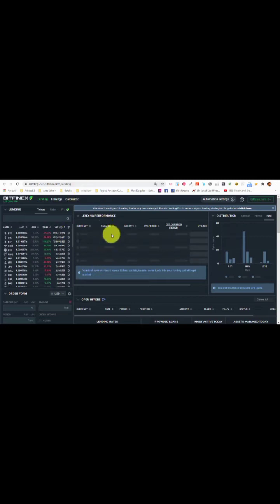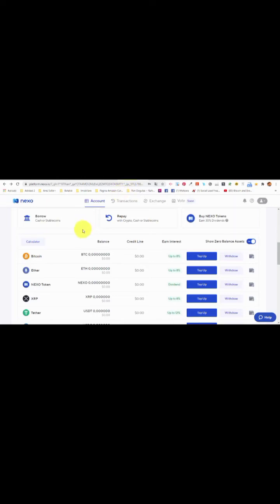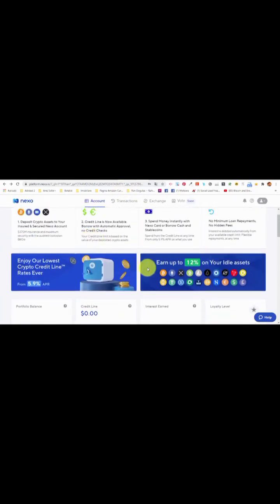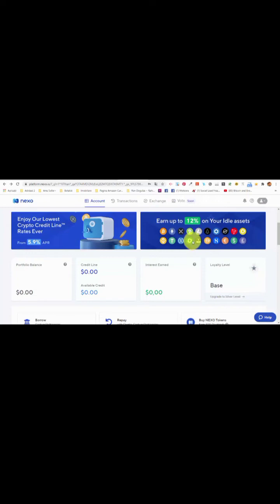Now another platform where you can lend is Nexo, which is a custodian platform regulated by more institutions. So it's backed or insured by a bigger institution. And what you can see here, we have earn up to 12% on your idle assets, which is a decent number.